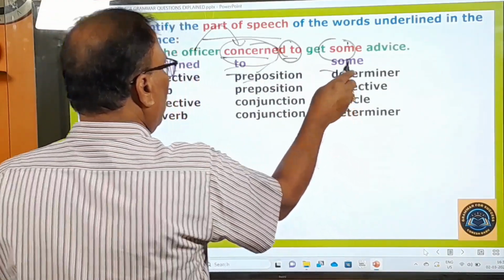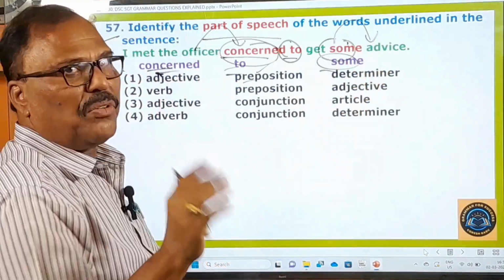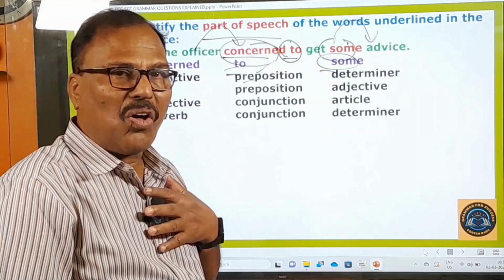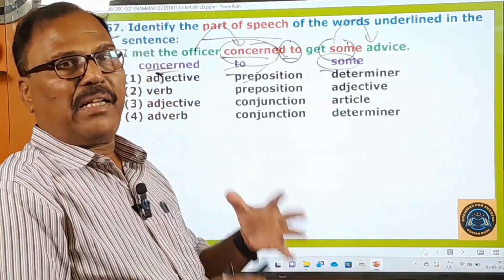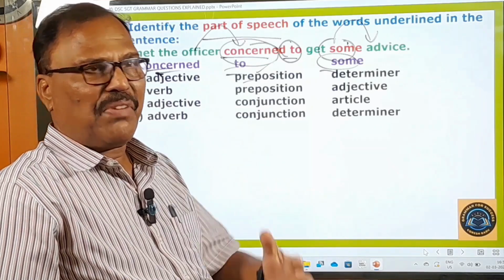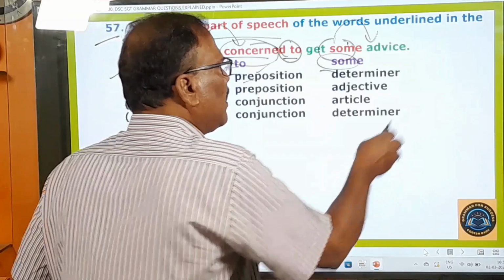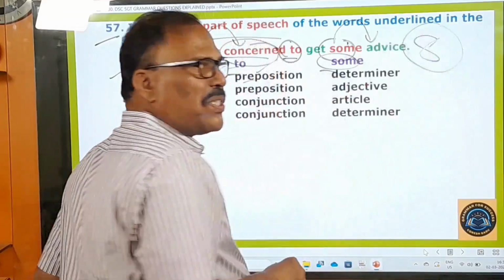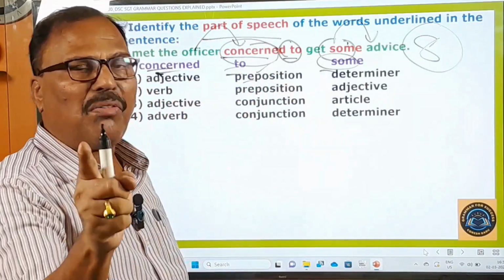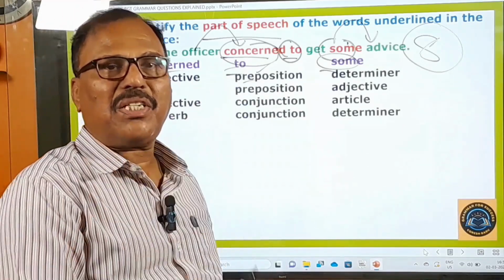Determiner. Oh, okay. Some is actually, please let me tell you one thing very clearly. As far as my knowledge of grammar and English goes, my father taught me all this grammar even when I was in my 7th class. I learned that there are only 8 parts of speech: noun, pronoun, adjective, verb, adverb, preposition, conjunction, interjection.